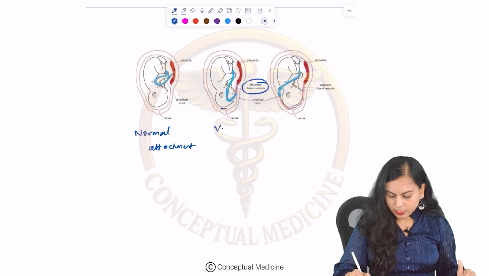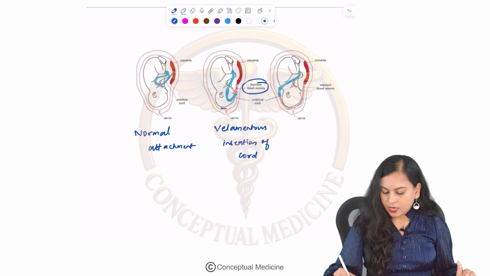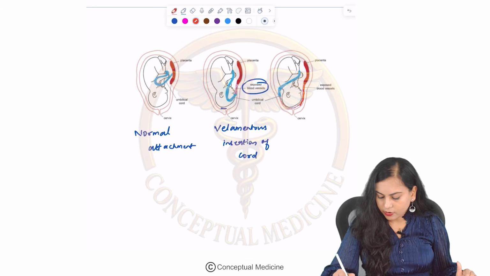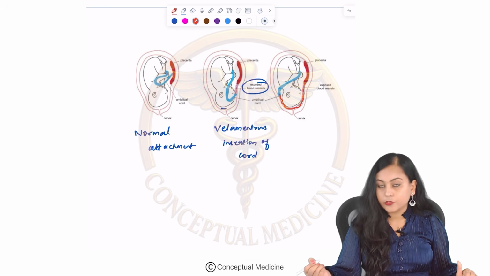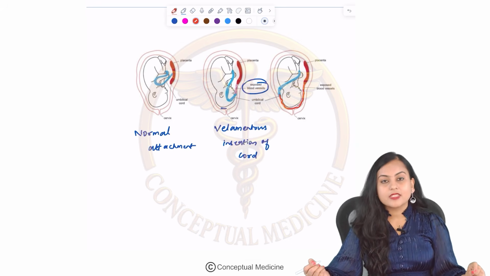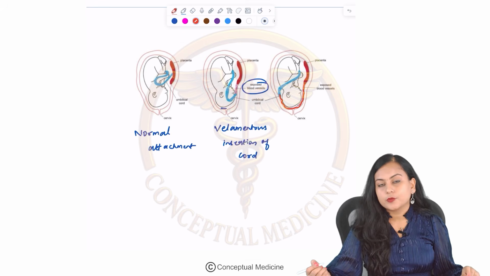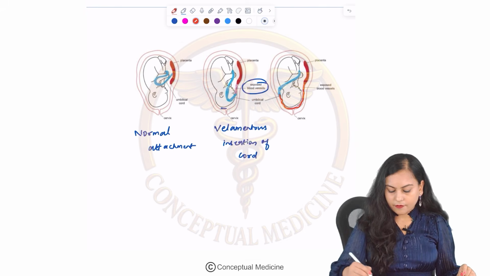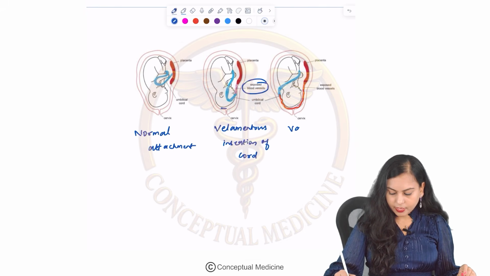So, this will be your filamentous insertion of cord, whereas in this picture you are able to see that the vessels are running below the fetal head. So, if you do a per vaginal examination, you are going to touch the blood vessels of the cord, which are going to be the blood vessels of the fetus. So, this is a Vasa Previa condition, right?